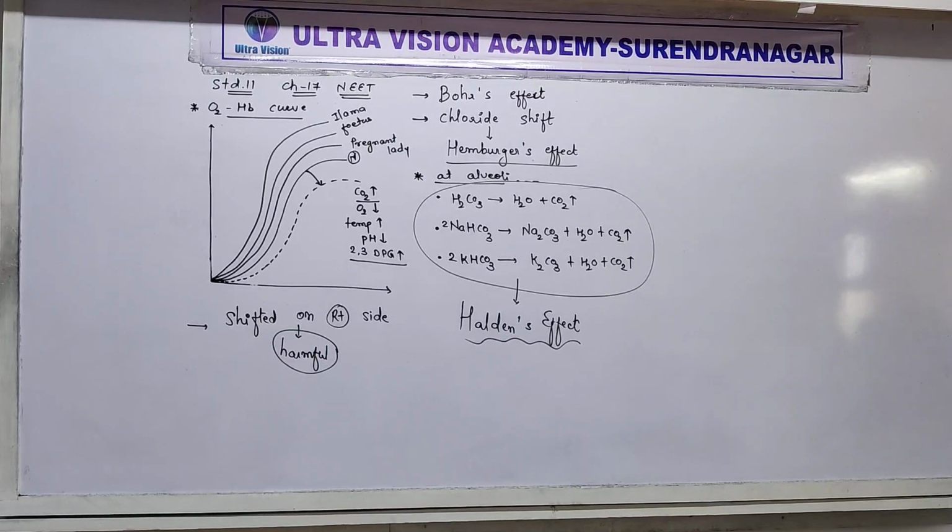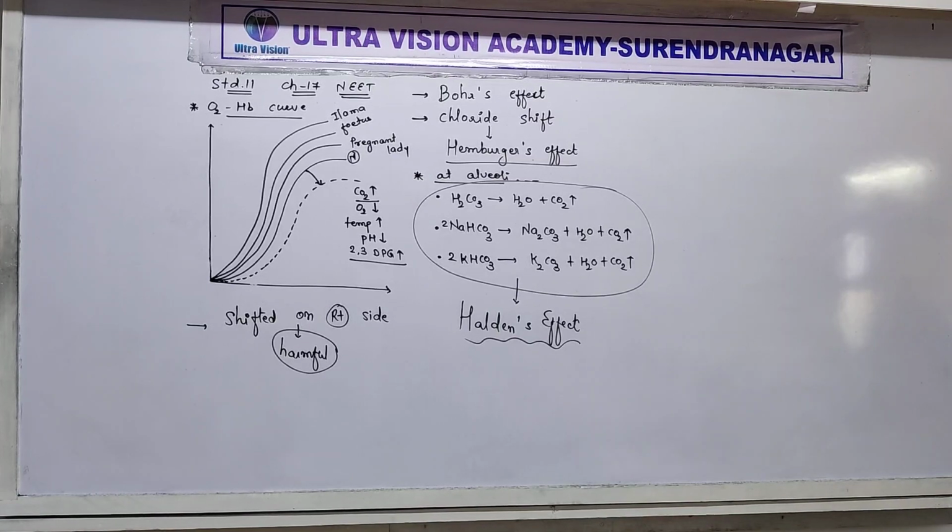But compared to that, CO2 is less in the alveoli. This leads to dissociation of all the components and release of CO2 from blood to the alveoli. That is known as Haldane's effect. So first Bohr's effect occurs, then Hamburger effect, then Haldane's effect. In this way, gaseous exchange occurs.